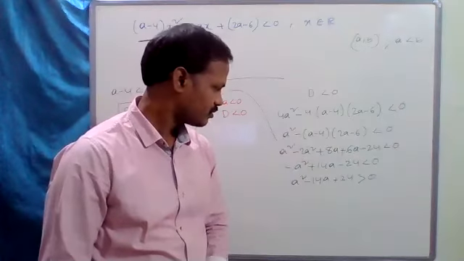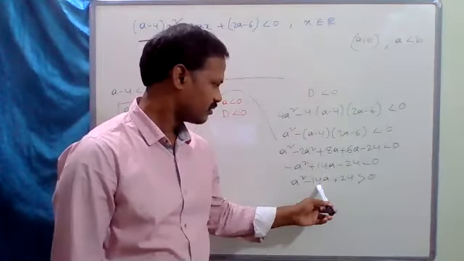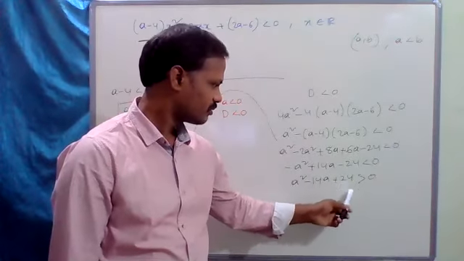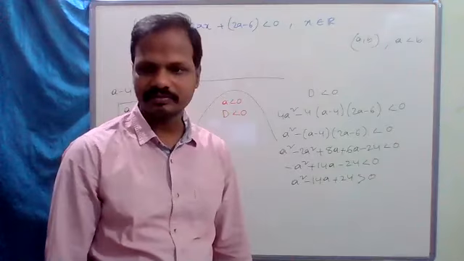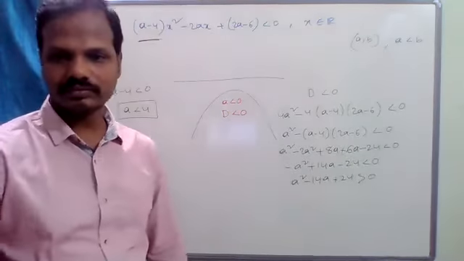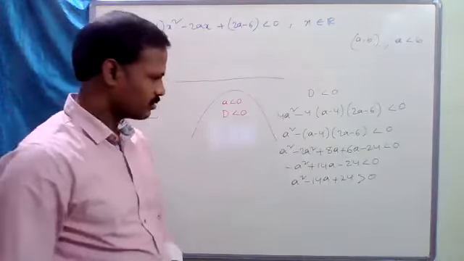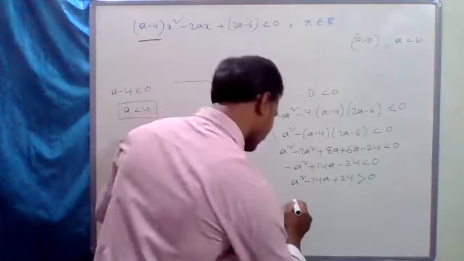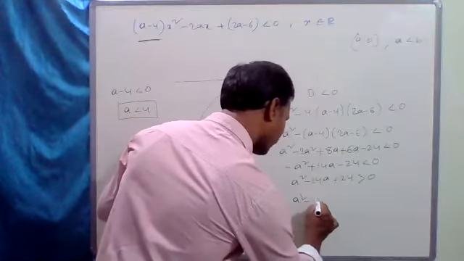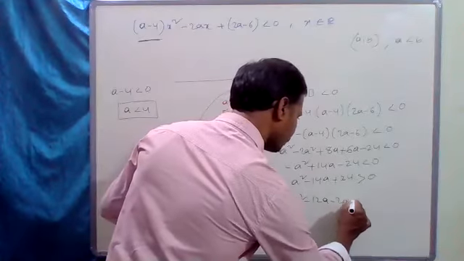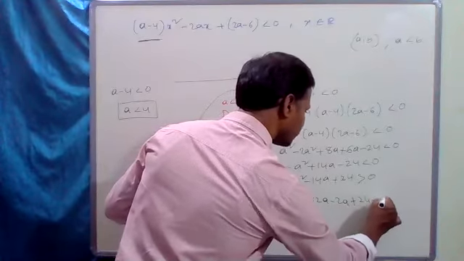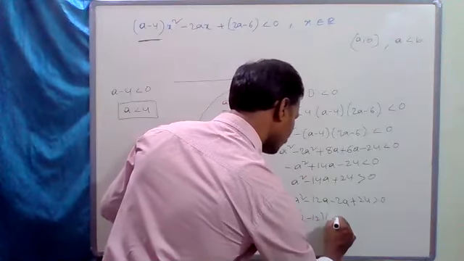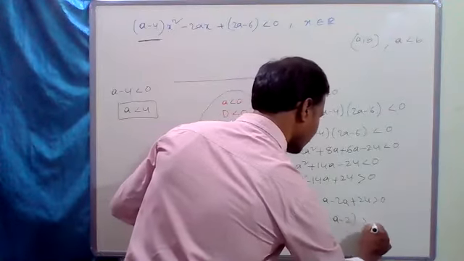Think about the roots. 12 twos are 24. So a square minus 12a minus 2a plus 24 is greater than 0. So that is a minus 12 into a minus 2 is greater than 0.